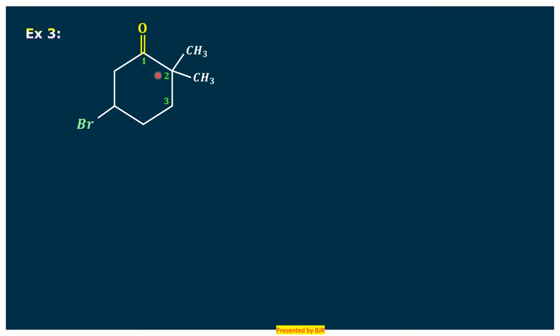So first I am numbering in clockwise direction, and from this carbon atom in anti-clockwise direction. Okay. So which way of numbering is correct? In order to know that, I am using the lowest set of locants rule.